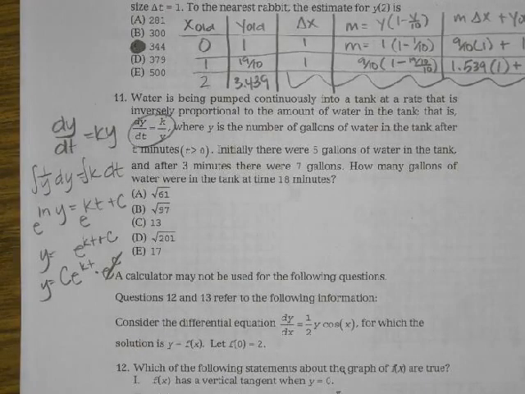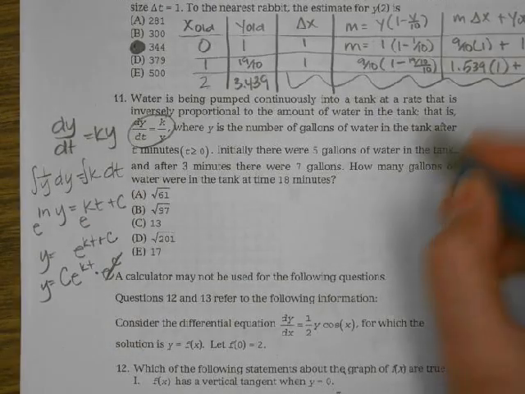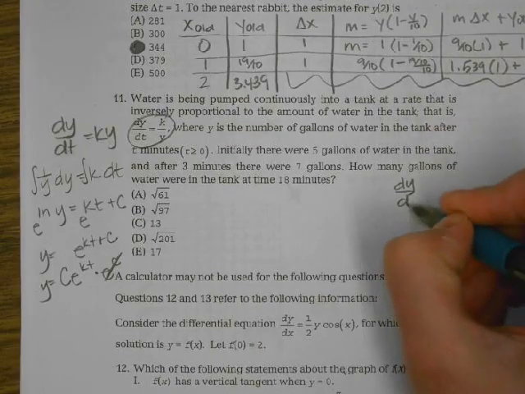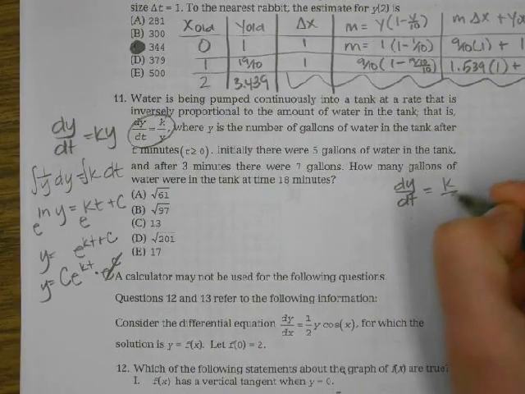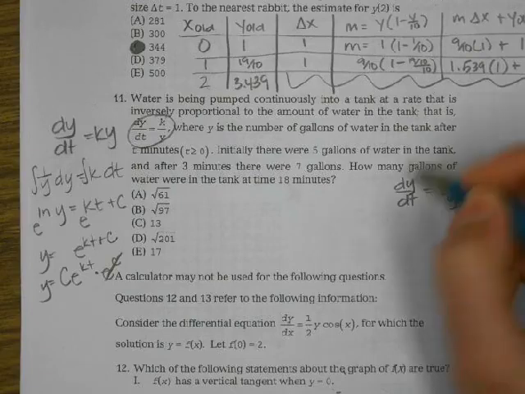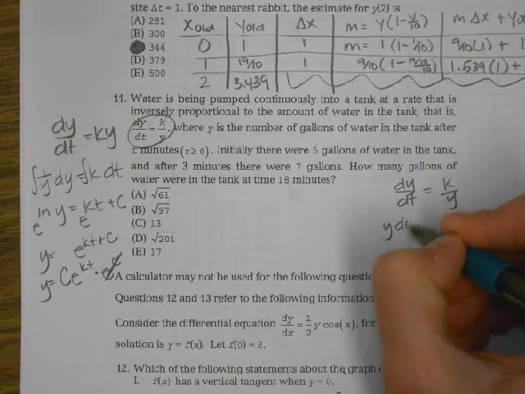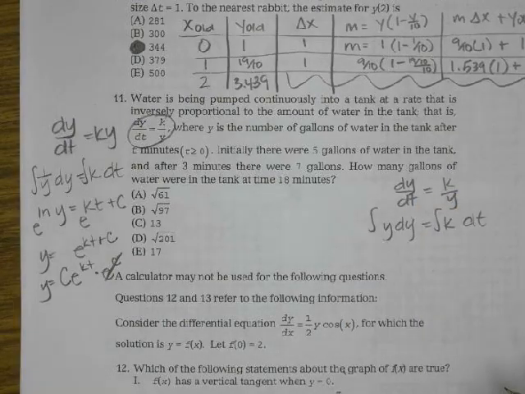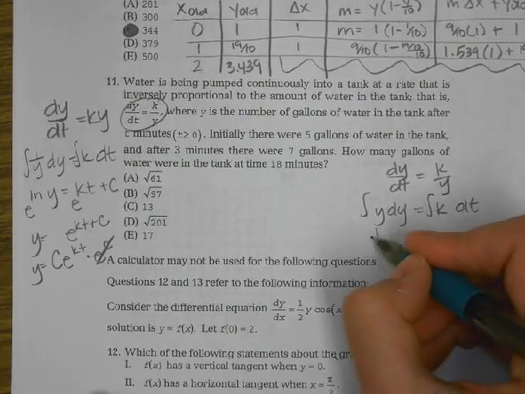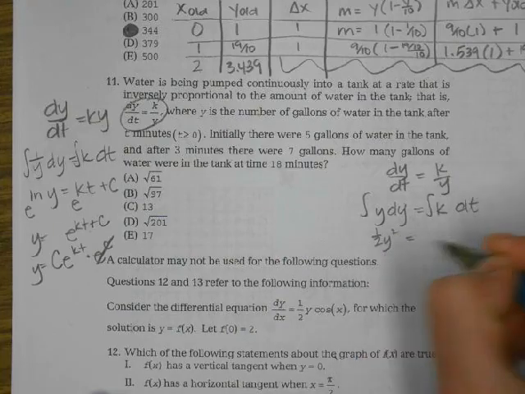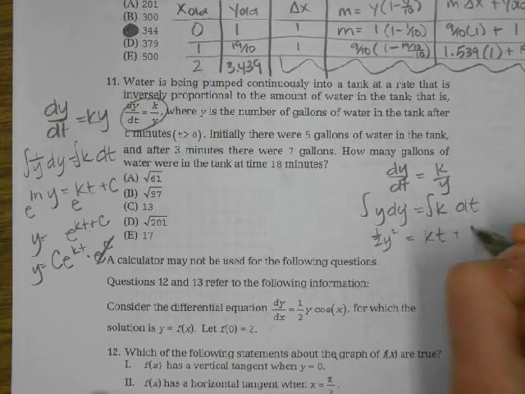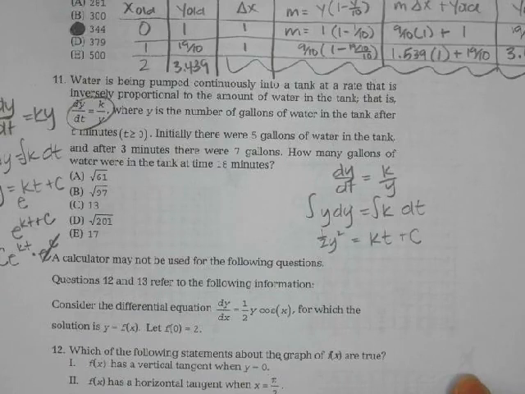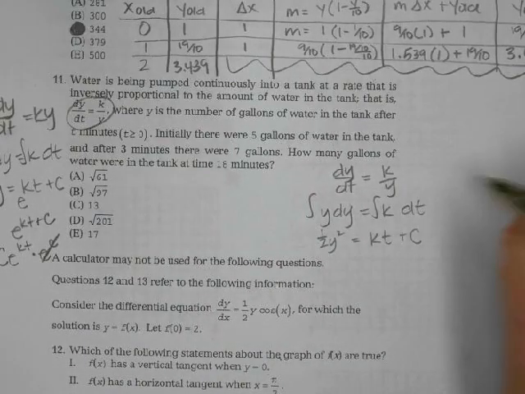So I was like, okay, I know how we got this now, so now I can apply that on the other side. So dy/dt equals k divided by y. So I went ahead and multiplied the y over. y dy equals k dt. And then I got 1/2 y squared equals kt plus c. And then I multiplied each side by 2.